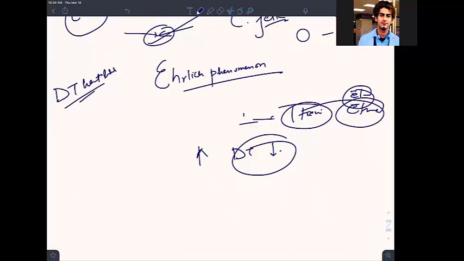So with the time, the amount of antitoxin required to neutralize will also get reduced. This is the phenomenon.